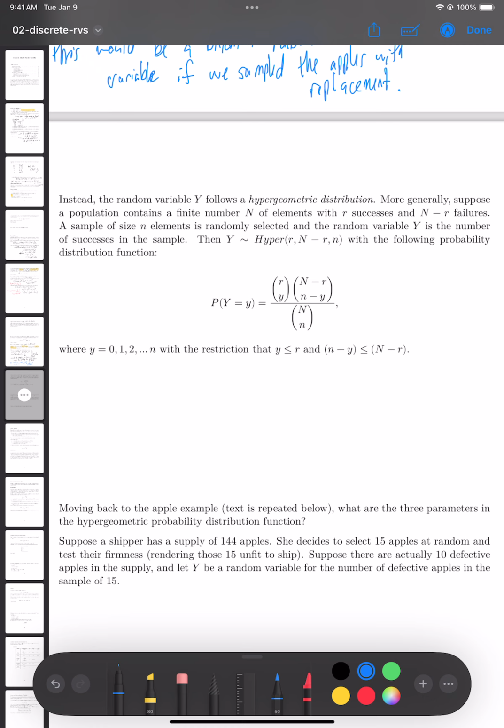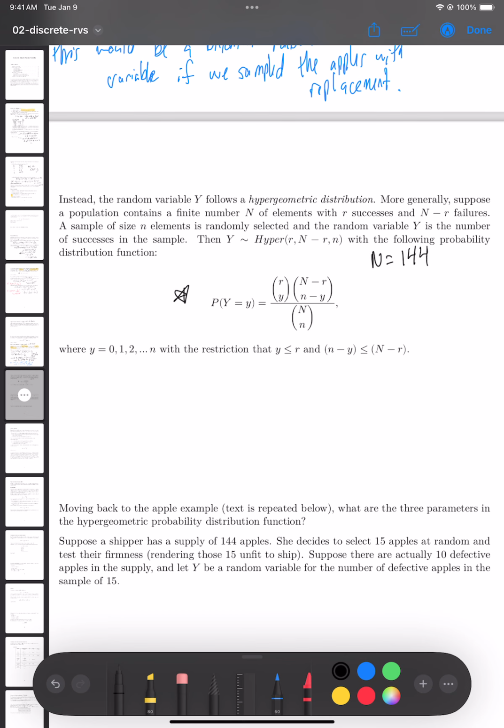Okay, so we've talked a little bit about what a hypergeometric random variable is. This text formalizes some of what we discussed, and it also gives this probability distribution function. And so we've got capital N elements, and I'll put this in context of our example.